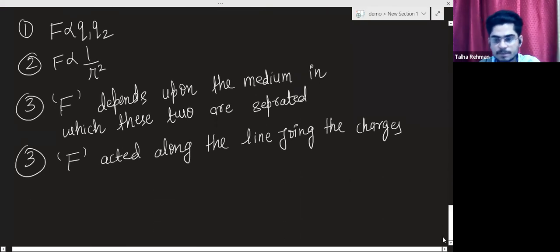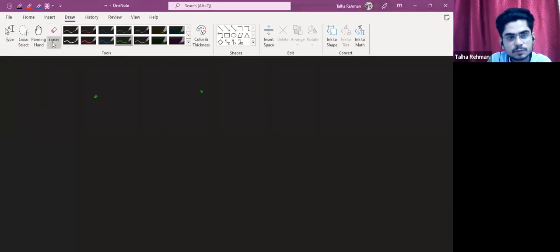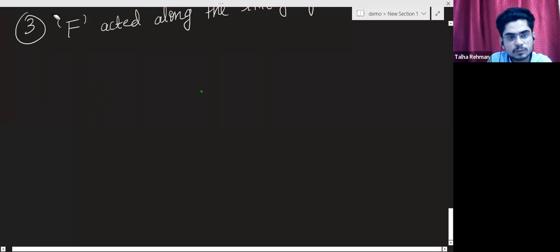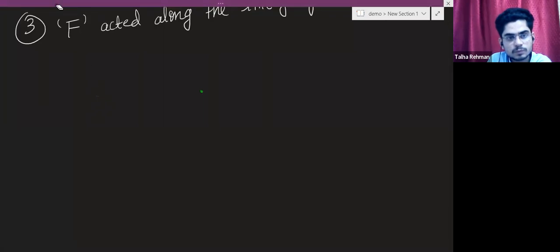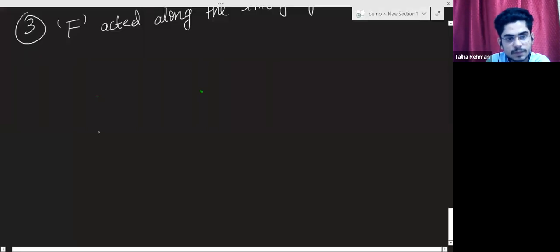Now let's see what this statement means. Suppose two charges are placed like this. This is Q1 and this is Q2. This is the line joining between them.